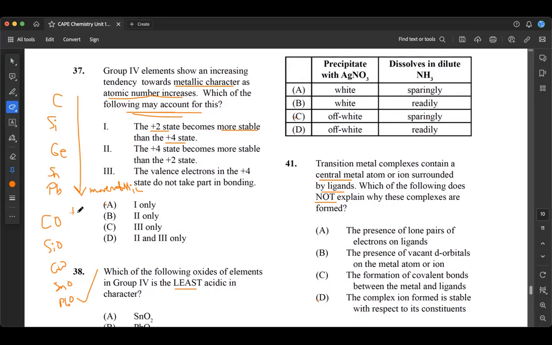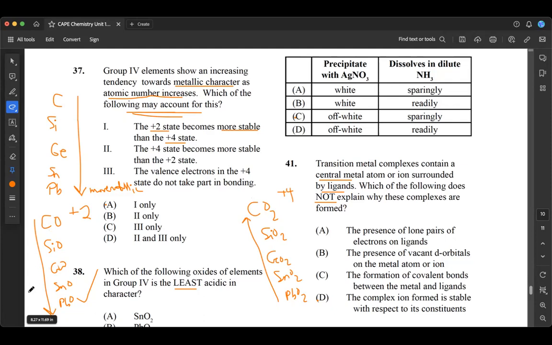So these are the +2 states over here, and then the +4 states would be carbon dioxide, silicon dioxide, germanium dioxide. Then we have SnO2 and we have PbO2, right? Now remember, these are the +4 states. In the +4 states, the stability increases this way, and in the +2 states, the stability increases this way.